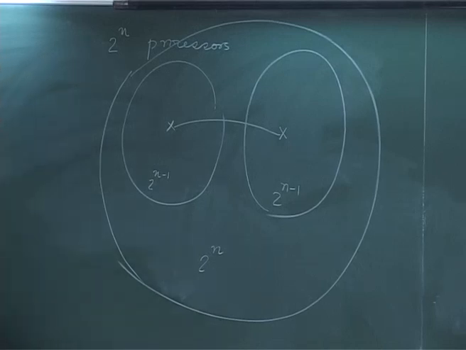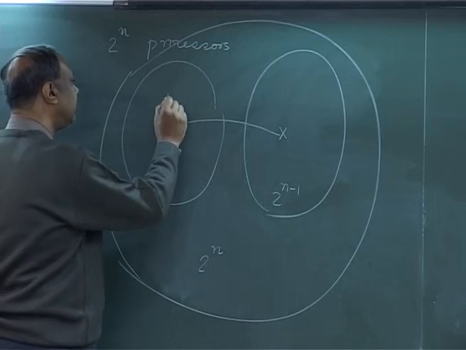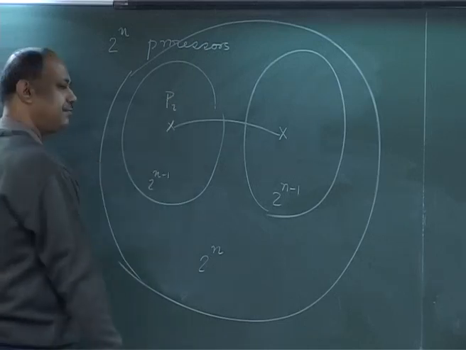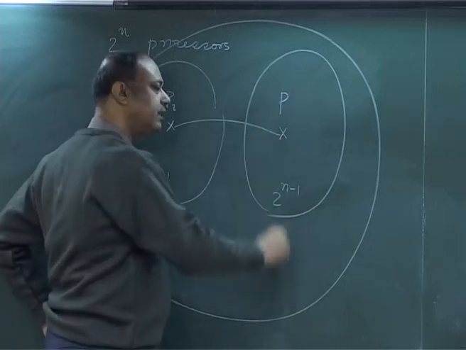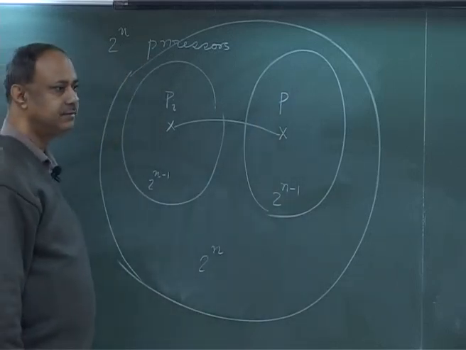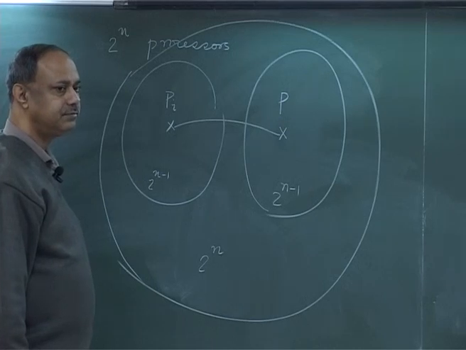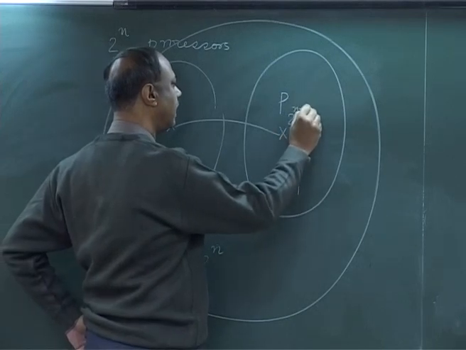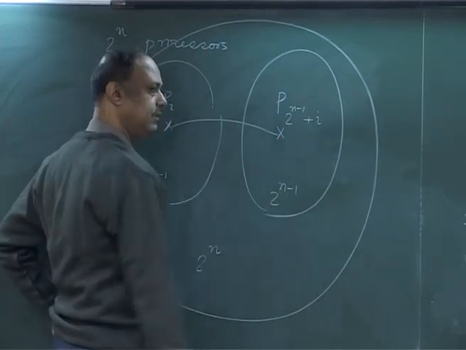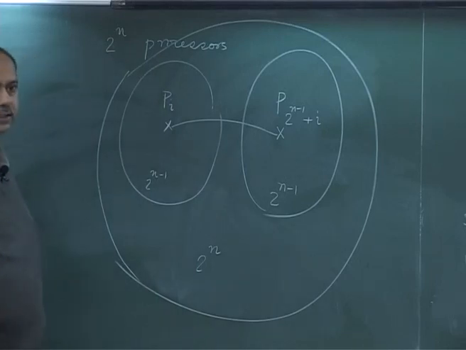Now, if it is the case, if the processor index is say Pi, then can you tell me what is the processor index of this? P of 2 to the power n minus 1 plus i, right.